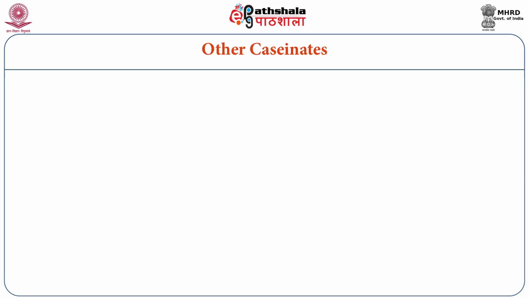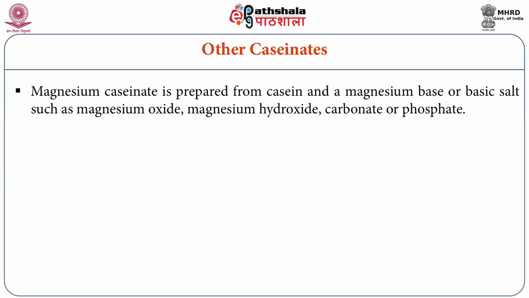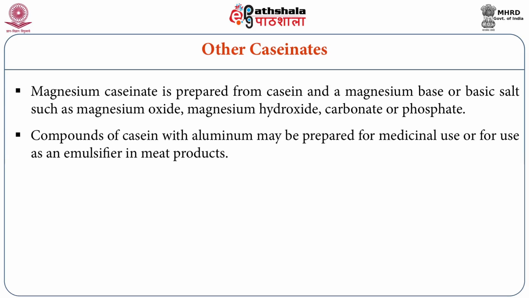Now let us discuss other caseinates. Magnesium caseinate is prepared from casein and magnesium base or basic salt such as magnesium oxide, magnesium hydroxide, carbonate or phosphate. Compounds of casein with aluminum may be prepared for medicinal use or for use as an emulsifier in meat products.